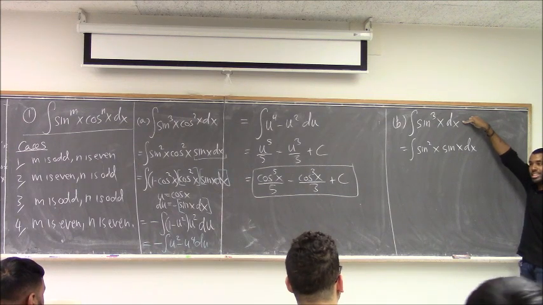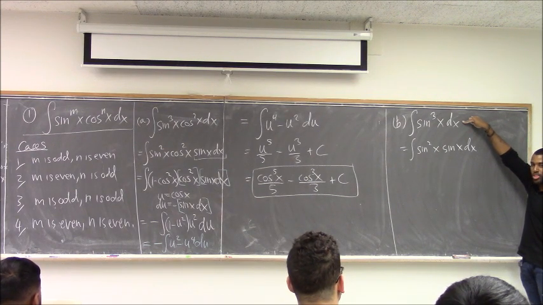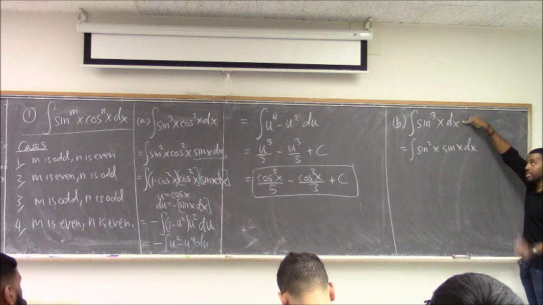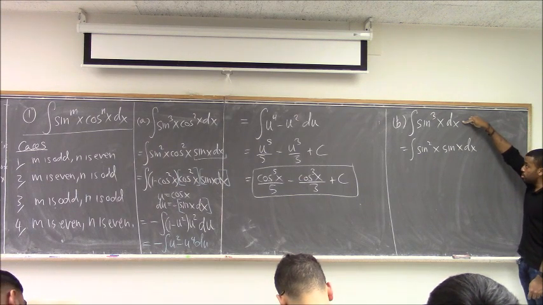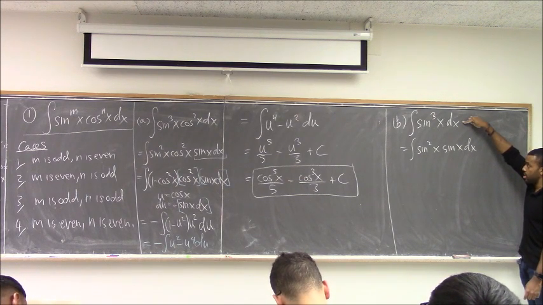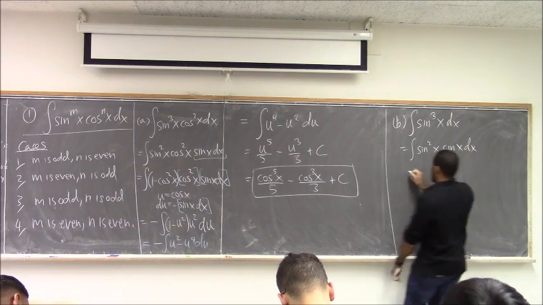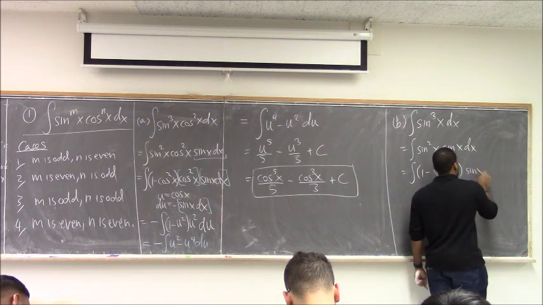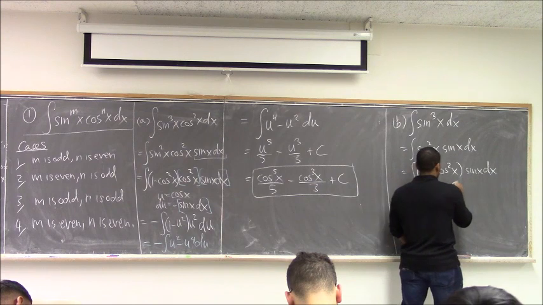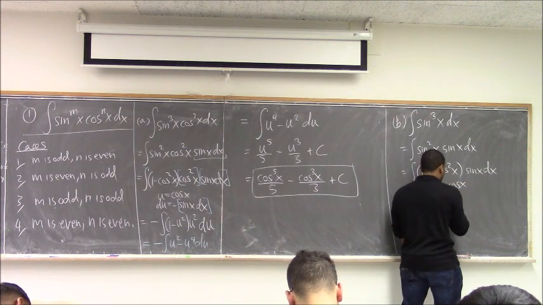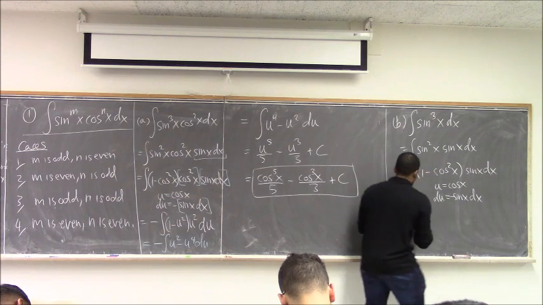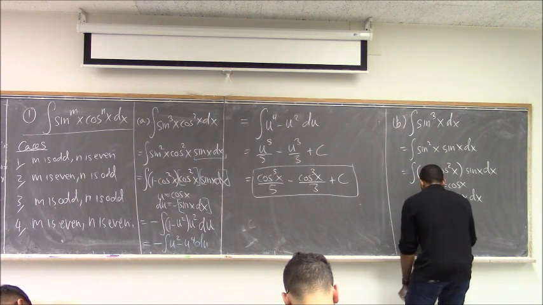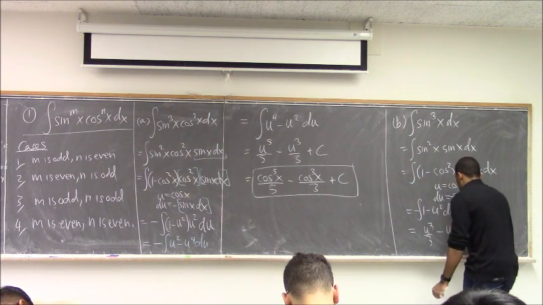So technically, even if a cosine isn't there, it just means it has an even power, so you're still in case 1. 0 is an even number, which is why I wrote it down. You have a cosine to the 0th power here. That's why it doesn't appear, but you're still in case 1. The power of sine is odd, so leave one of those guys. Change the other ones to cosine using the Pythagorean identity. u equals cosine. So that gives you u cubed over 3, plus C.